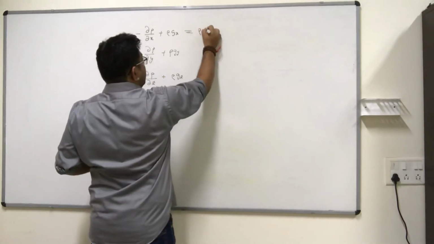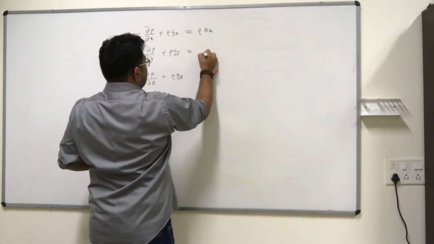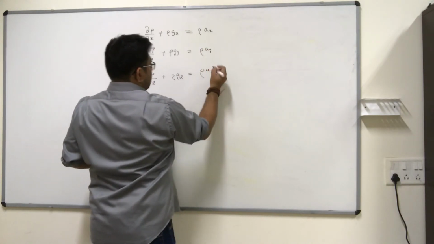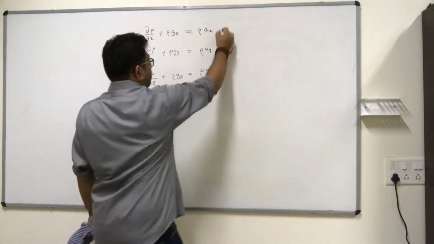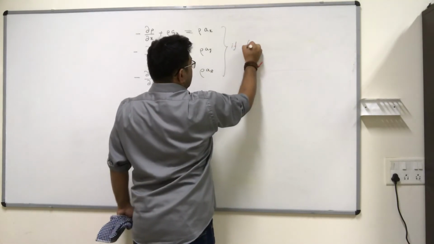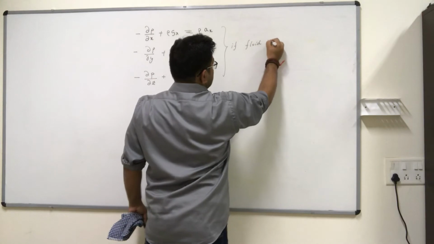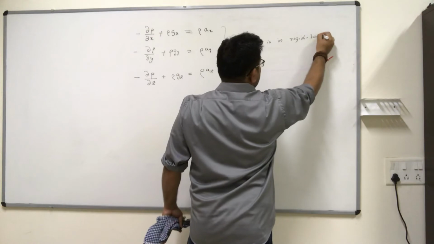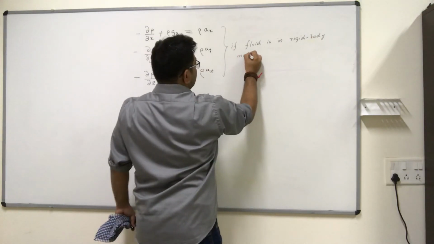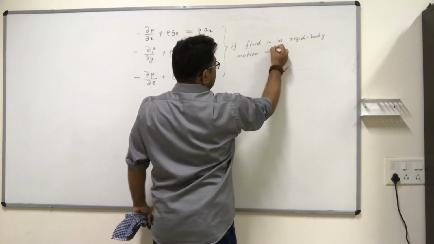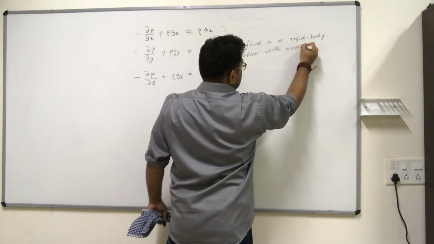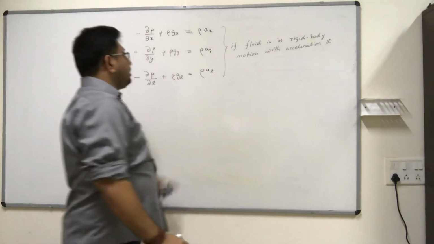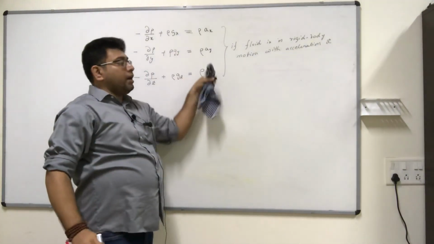So if fluid is in rigid body motion with acceleration vector A. I've just broken this down into AX, AY and AZ.